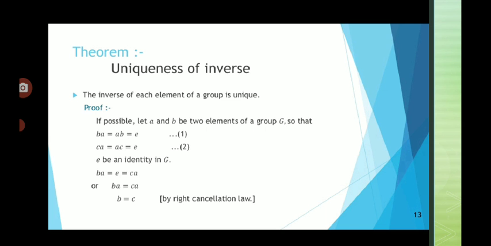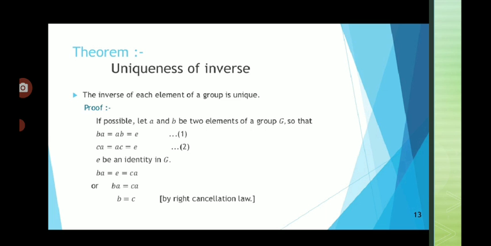If possible, take two inverses of an element A, that is B and C. Suppose B is the inverse of A, then BA equals AB equals E. Suppose C is another inverse of A, then CA equals AC equals E. Here E is the identity element in G, because G is already a group.